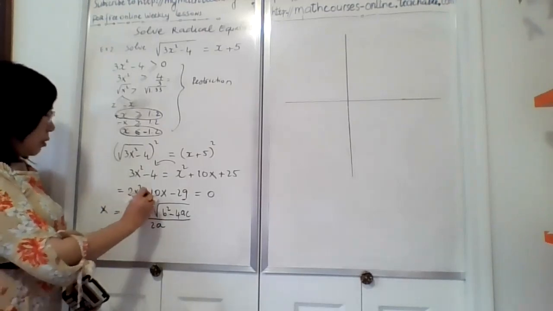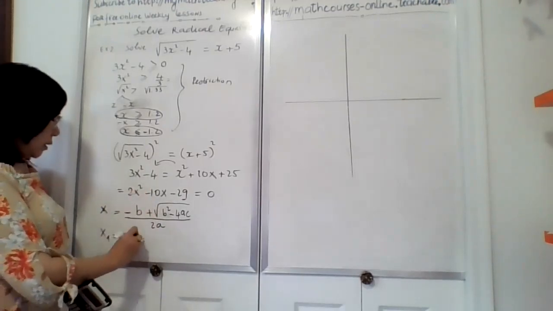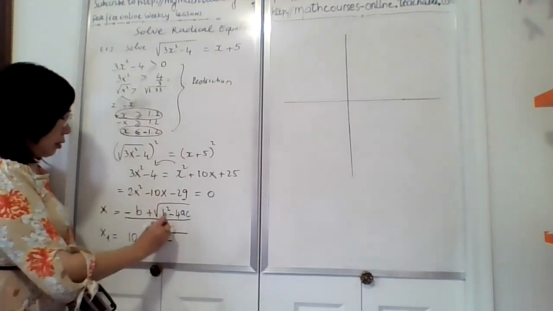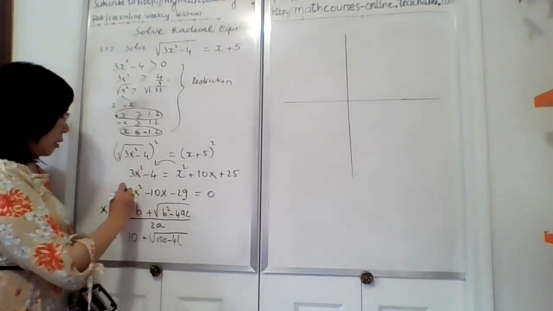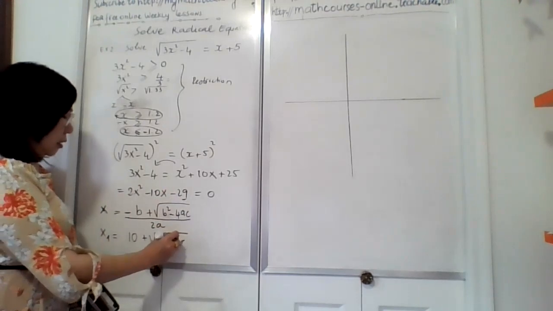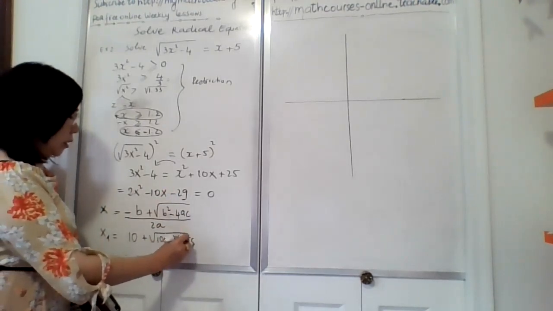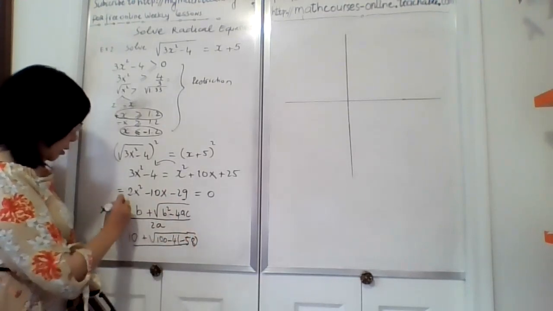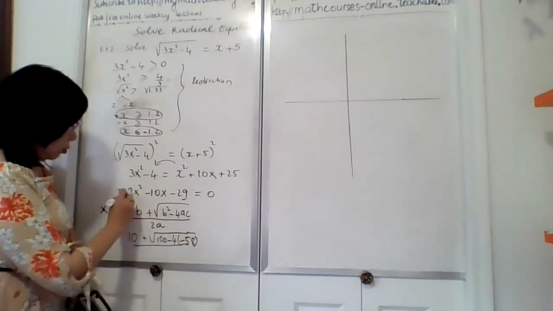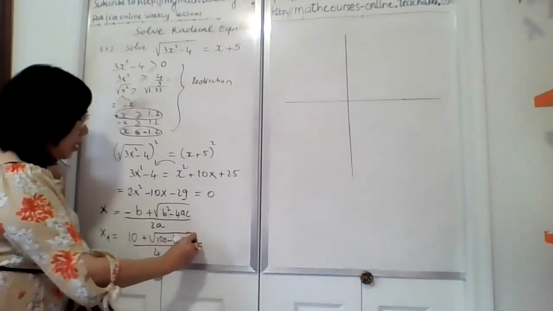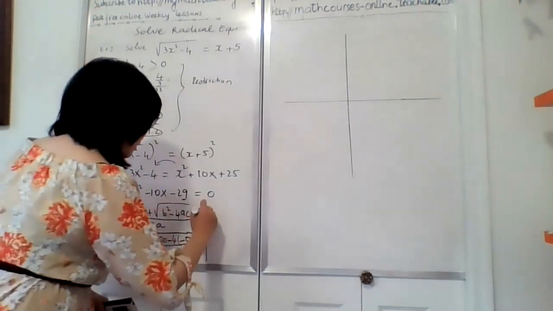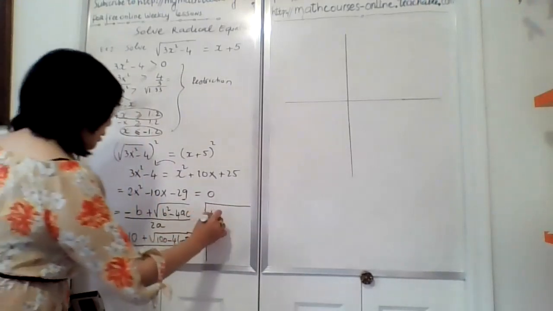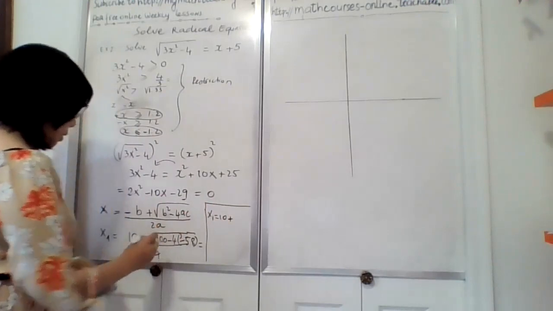So our x1 will be equal to minus negative 10, which will be positive 10, plus the square root of b squared, which is 100, minus 4 times our a, which is 2, times our c, which is negative 58, and divided by our 2a, which is 4. So x1 will be equal to the 10 here, adding with all of this expression.